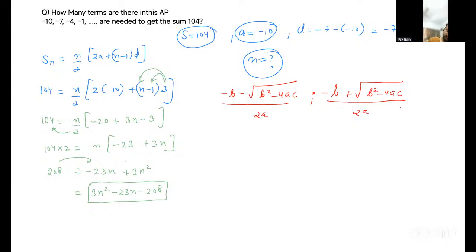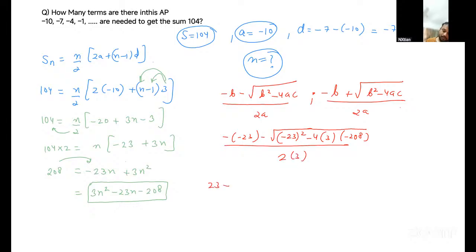So if I put the value, the minus of minus 23 minus root of minus 23 square minus 4 into a into c, which is minus 208. Here is the mistake you made: minus of minus 23 square. Now this minus and this minus will become plus. Did you understand? So it will become 12 into 208.